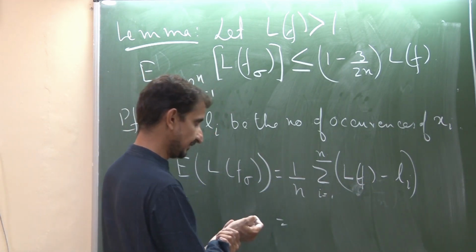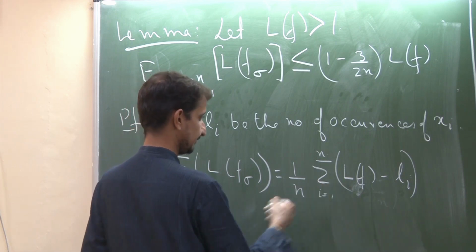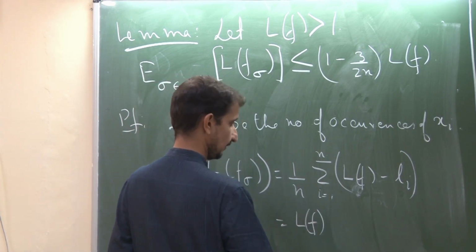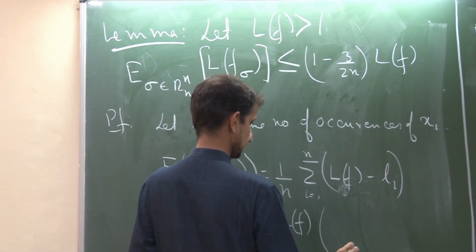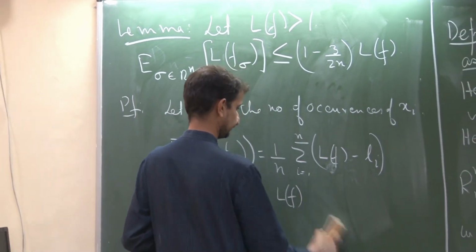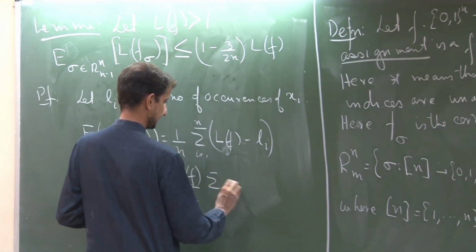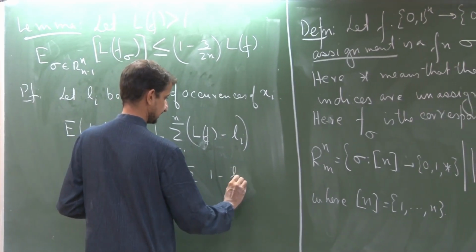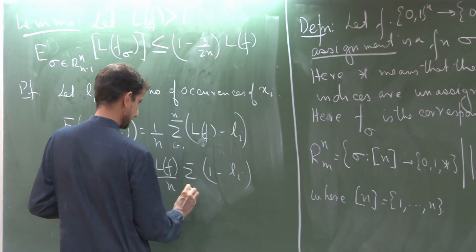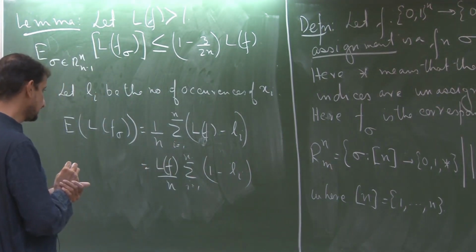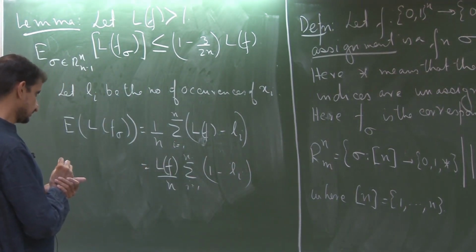Now, what is this quantity over here? LF is independent of this, so I can take LF outside. So, I get LF by n, sigma 1 minus Li, i going from 1 to n.